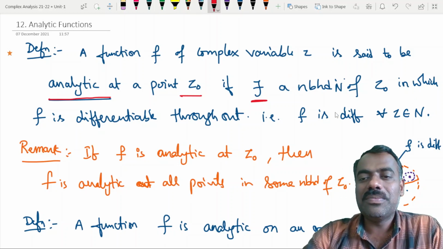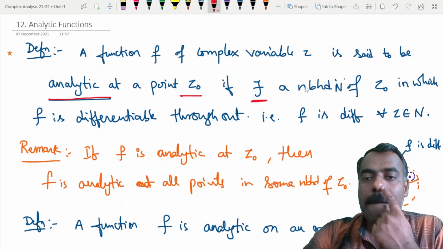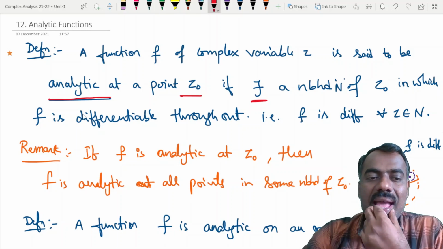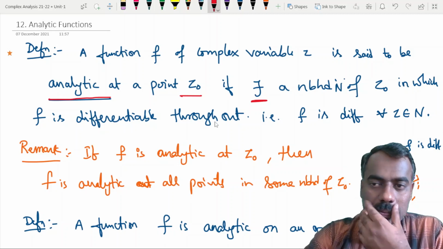Yes or no? So what is meant by saying that this condition fails? Given any neighborhood of z naught, what can we say? At least there will be one point where f is not differentiable. Yes or no?